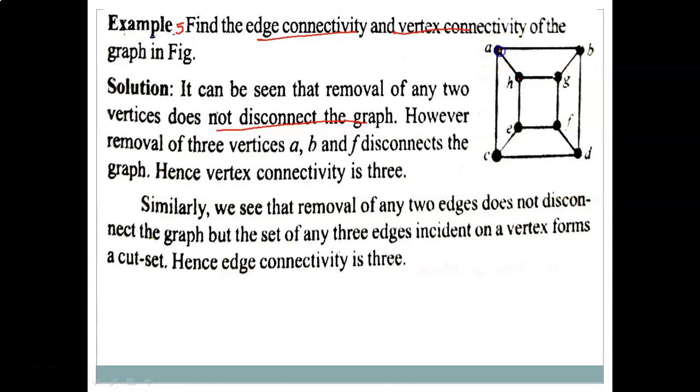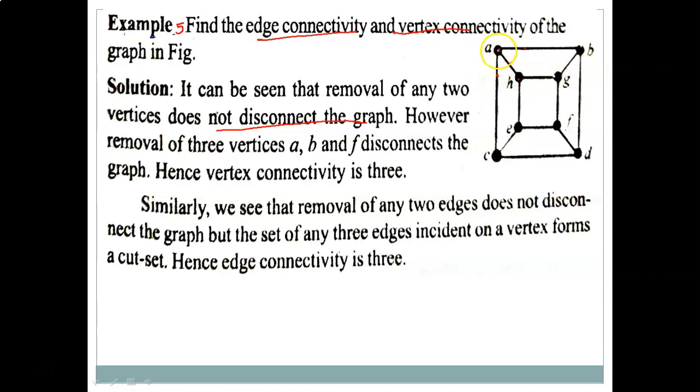If I remove this vertex, the edges incident upon this vertex automatically go. So we are left with only H, G, F, E, C, D, B, and in that situation the graph is again connected.